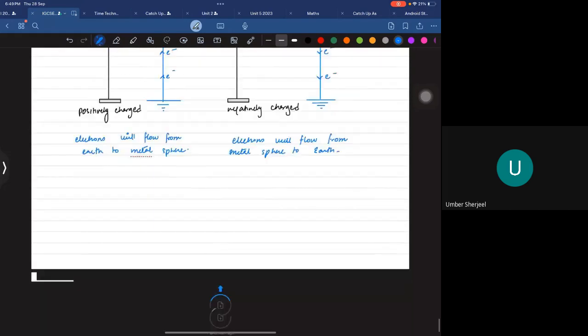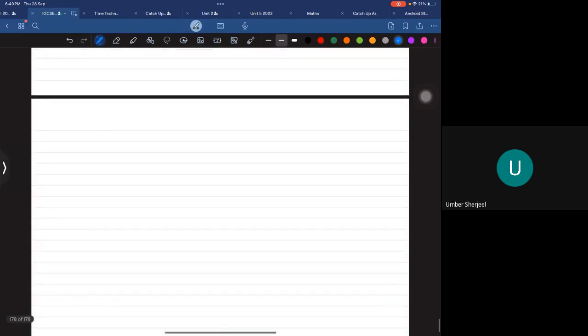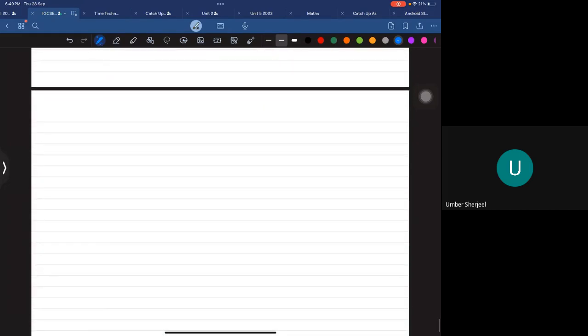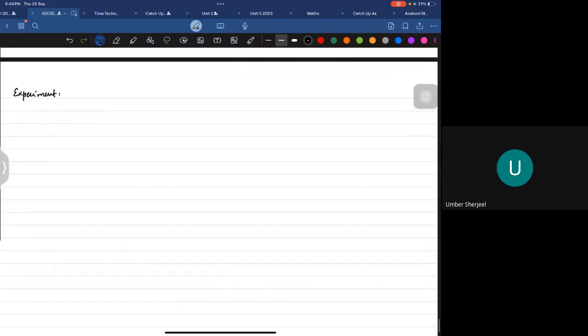So I'm going to go to the next and we're going to discuss an experiment that is called the gold leaf electroscope. So a gold leaf electroscope is a device that helps us determine what kind of charge something has and if it is charged or not.